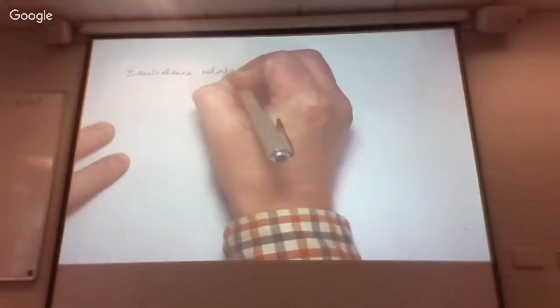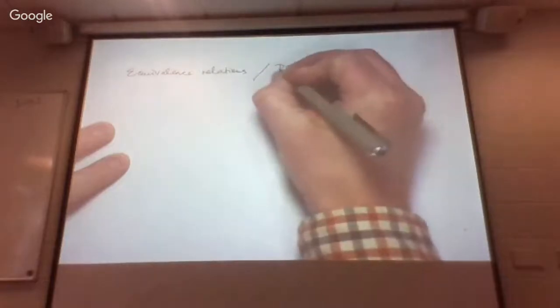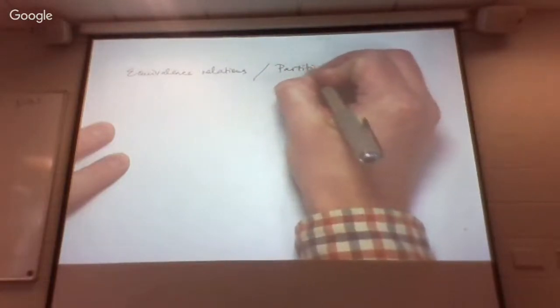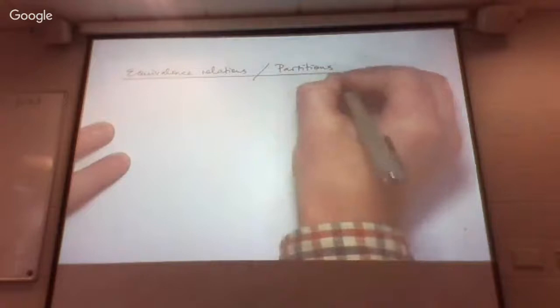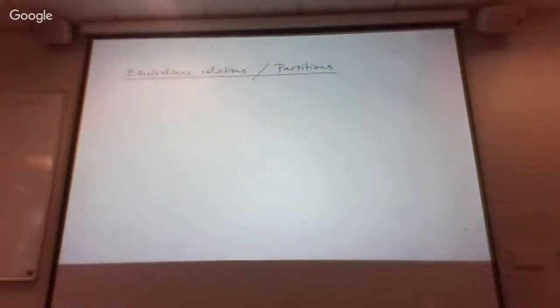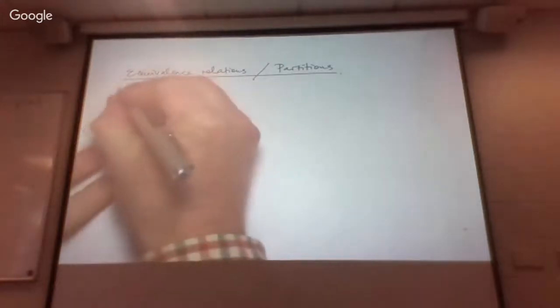Equivalence relations slash partitions. These are two seemingly different ideas, but really they're two ways of looking at the same thing. These are logically equivalent ideas.